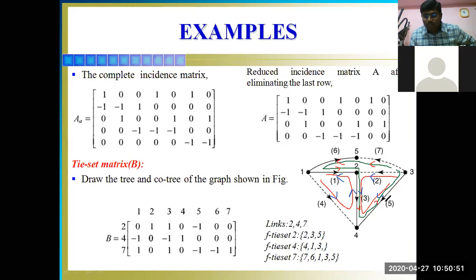Whereas coming to 5, in the red loop, both are opposite. I will draw this green link again to avoid confusion here.